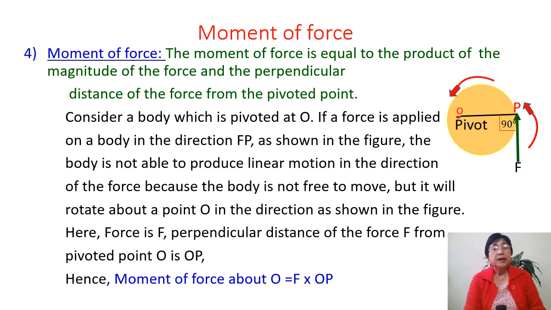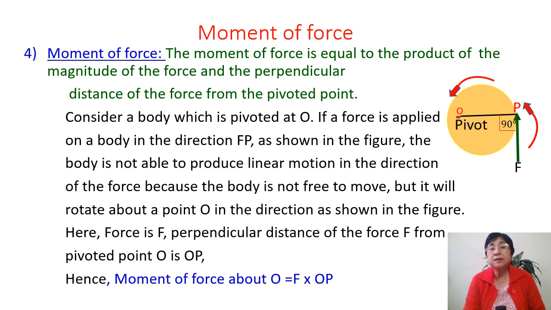Now, here force is F. So here is F, all right? And then the perpendicular distance of the force F from the pivoted point O is OP. The distance between F, here is the point where we apply F. So from here to O, the perpendicular distance is OP, all right?